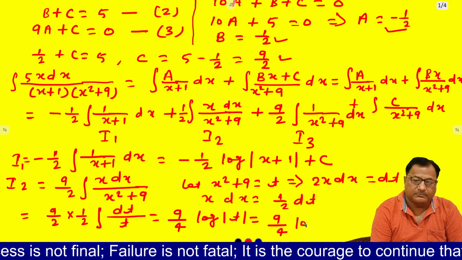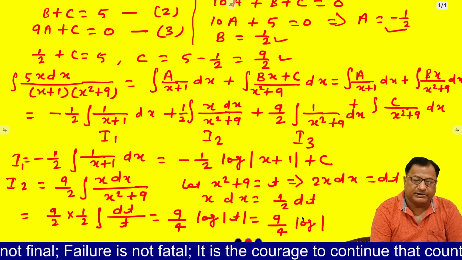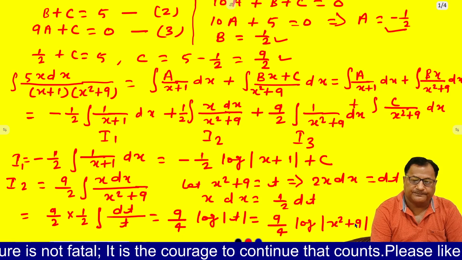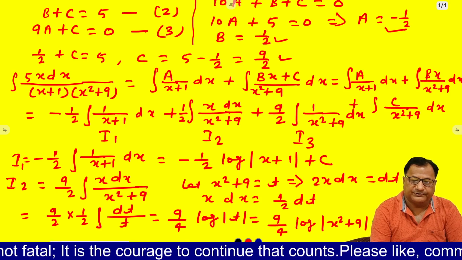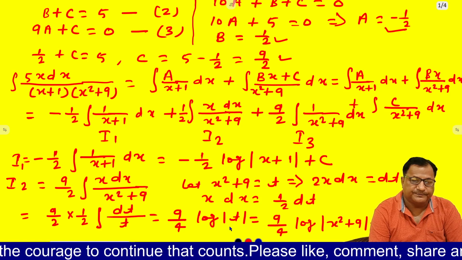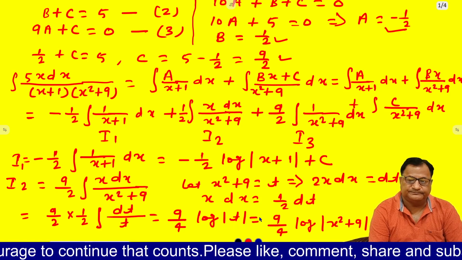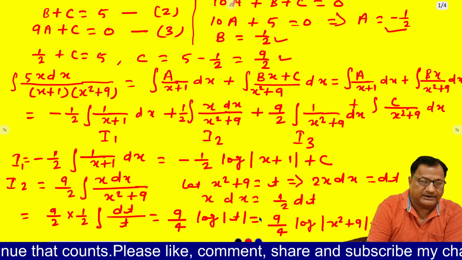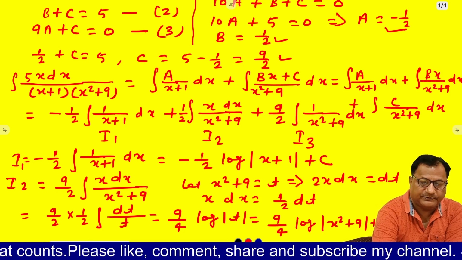We supposed t is x square plus 9, plus c. This is I2. Now I3 we will find.